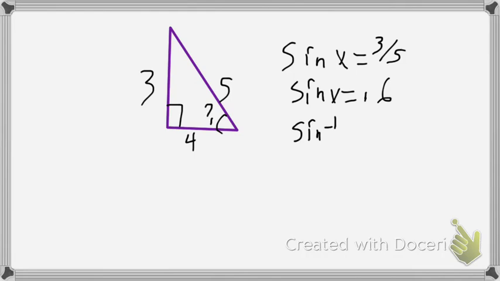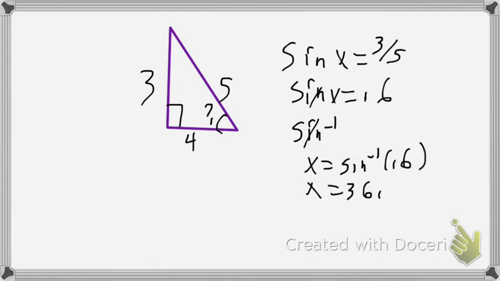So you want to hit your shift button or your second button or something like that. On the ones in the classroom, just hit the button with a color, either blue or green, that tracks with what you're trying to do. So we take the inverse sine of both sides, and we get x equals the inverse sine of 0.6, or x equals 36.9.